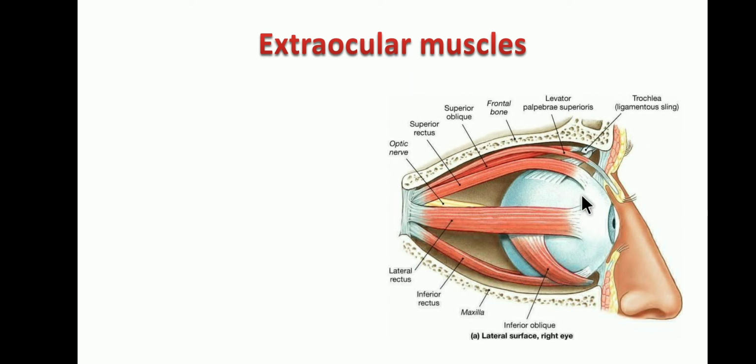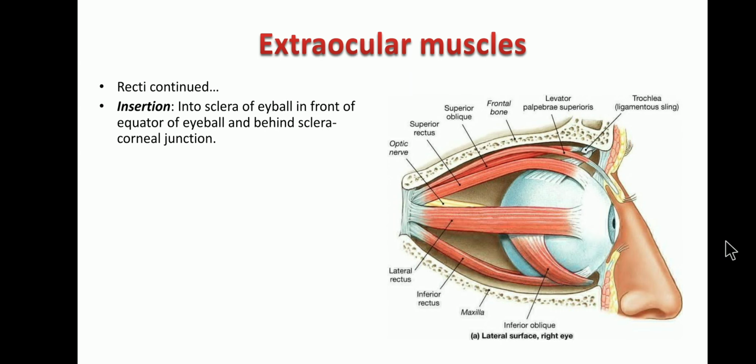In front of the equator, all the recti muscles are inserted, and behind the sclerocorneal junction, in a spiral manner. That is about the insertion of the 4 recti muscles.